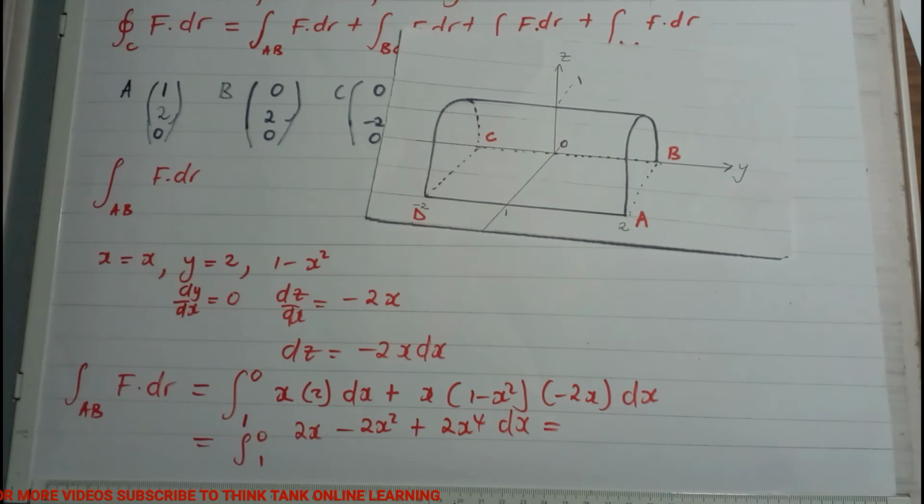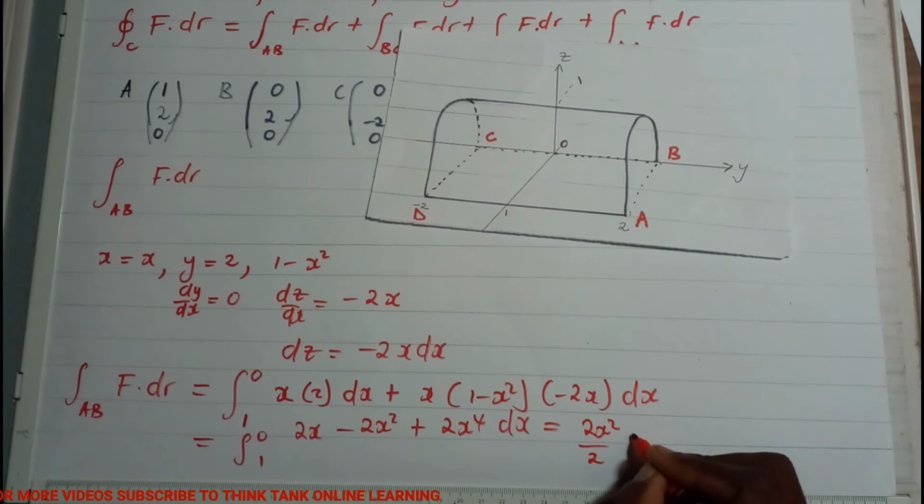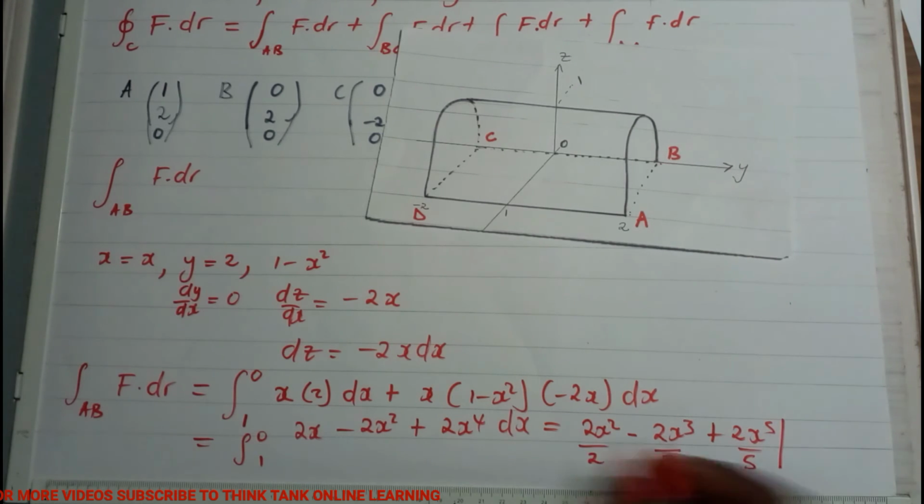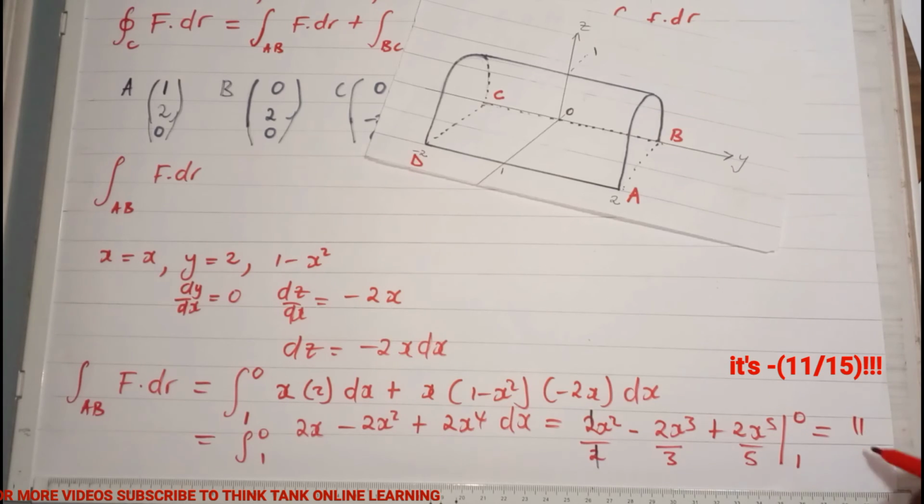If we perform this integral, we get 2x squared over 2 minus 2x to the power 3 over 3 plus 2x to the power 5 over 5, with limits 0 and 1, and the answer here is equal to 11 over 15.